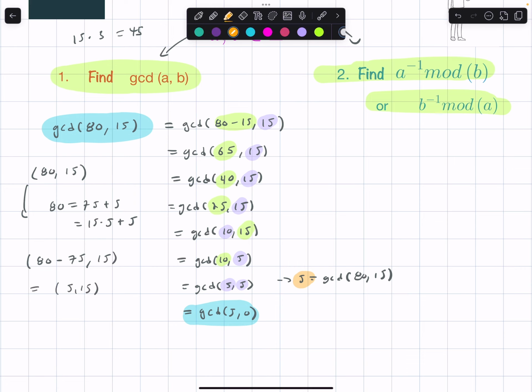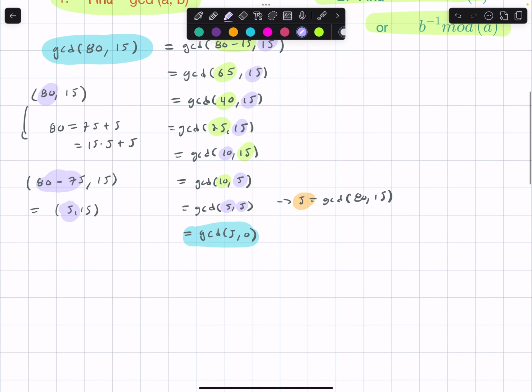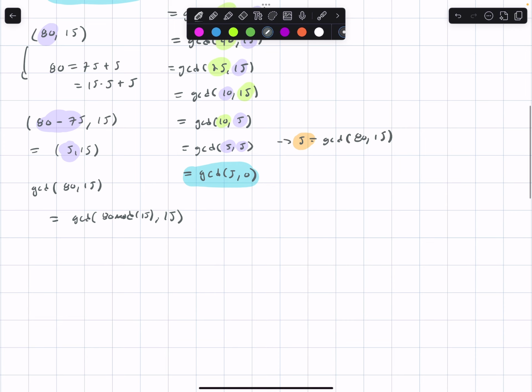So I've actually replaced 80 with 80 mod 15. What we're saying is that the GCD of 80 and 15 is the GCD of 80 mod 15, so the remainder that 80 leaves when we divide by 15, and 15.